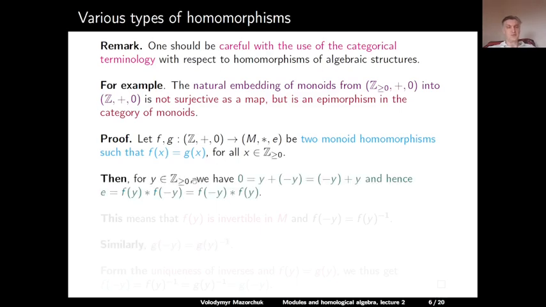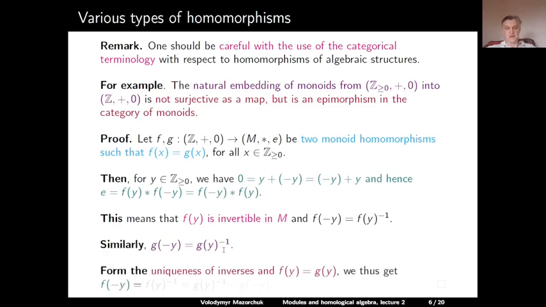Indeed, if we take a non-negative integer y, then we know that 0 is equal to y plus minus y, and it is equal to minus y plus y. And so if we apply F, we will get that E is equal to F of y asterisk F of minus y, and the same in the opposite order. But this means that F of y is invertible in M, and F of minus y is exactly the inverse of F of y. And similarly, G of minus y is the inverse of G of y.